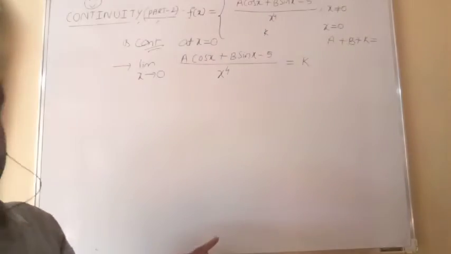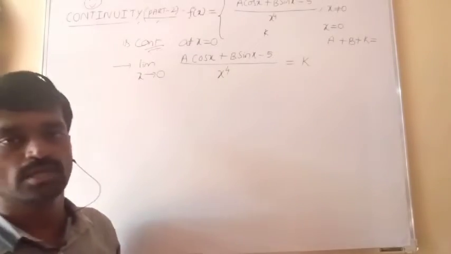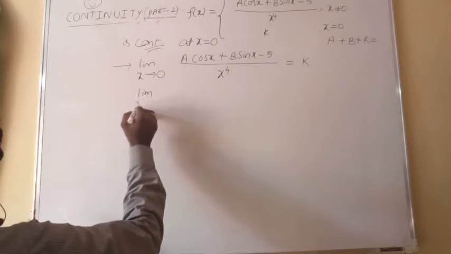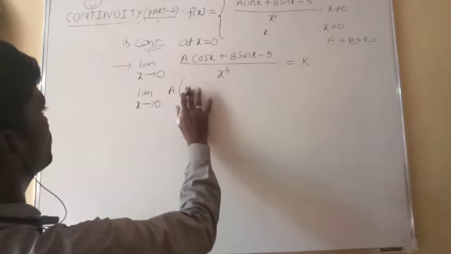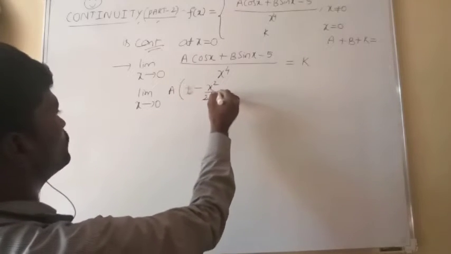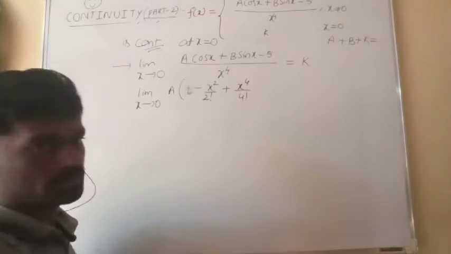So either use L'Hospital's rule 4 times or use expansions. So I'm using expansions here. Limit as x tends to 0, a into cos x expansion. Cos x expansion is what? 1 minus x square by 2 factorial plus x power 4 by 4 factorial plus and so on.